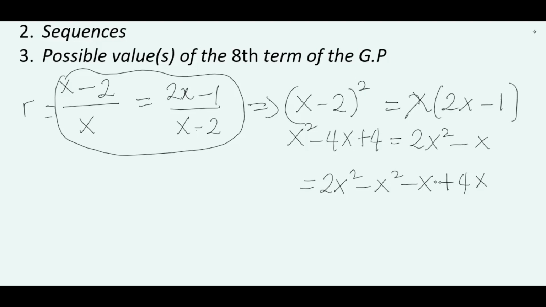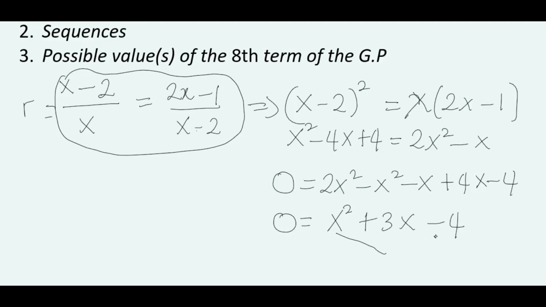Then when plus 4 goes to the other side, it becomes minus 4 equals 0. So here we now have 2x squared minus x squared gives you x squared, and here we have plus 3x minus 4 equals 0. Then we can solve this like this.